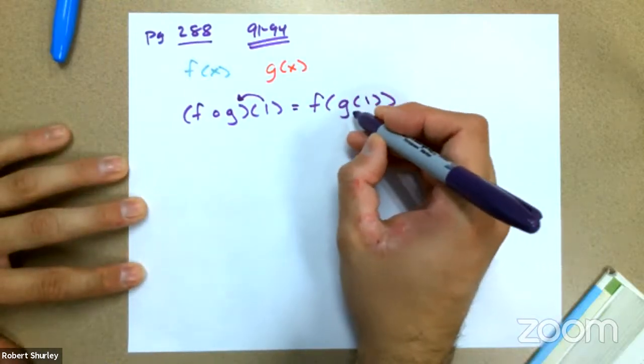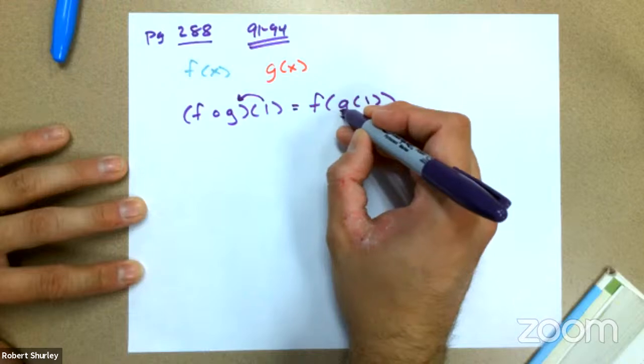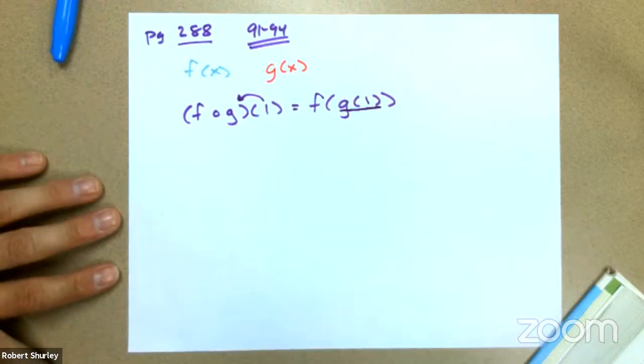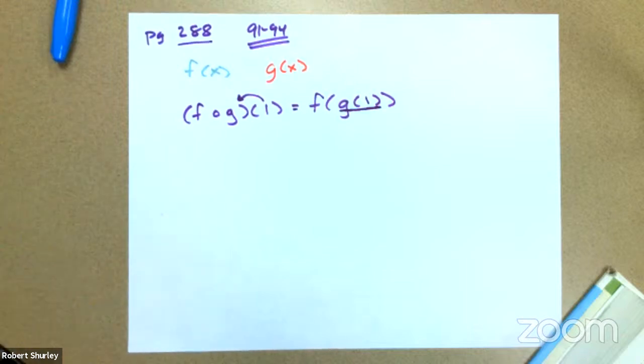Look at that graph and tell me what you think g of 1 is. It's the red line, right? Because it's a g function. What's g of 1?